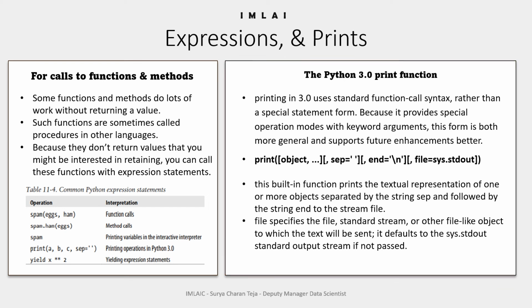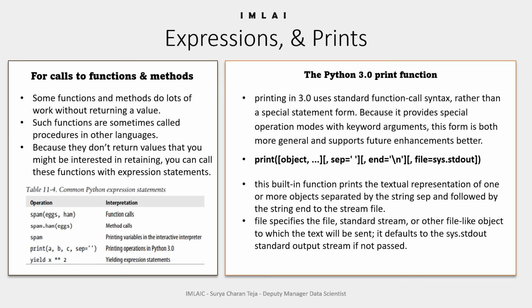This built-in function prints the textual representation of one or more objects separated by the string separator and followed by the string end to the stream file. Moreover, file specifies the standard stream or other file-like object to which the text will be sent.